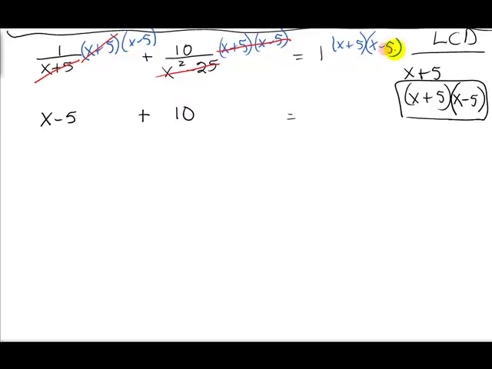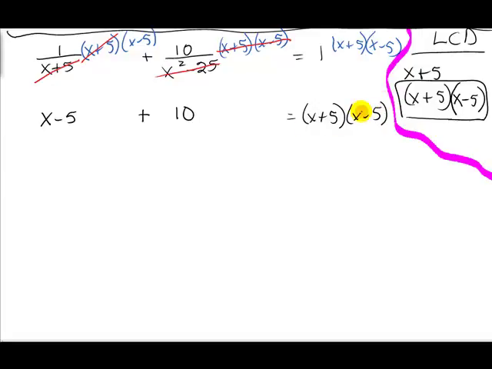Here, 1 times all of this will be the x plus 5, x minus 5. I'll separate that out a little bit. So what I want to do is multiply that back out and combine these.